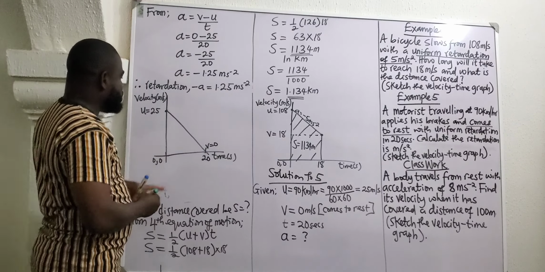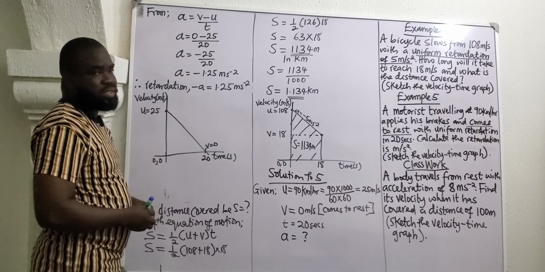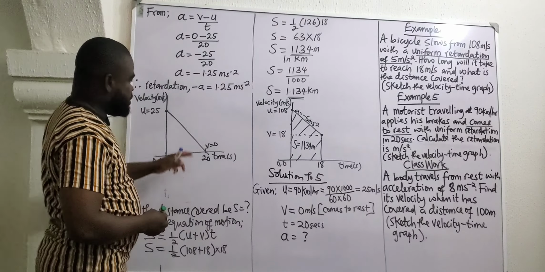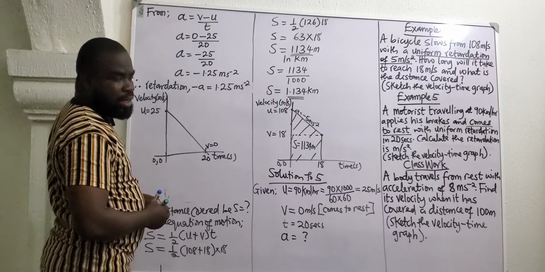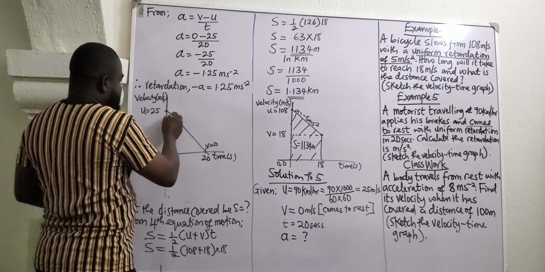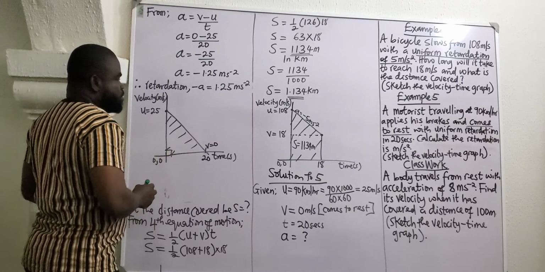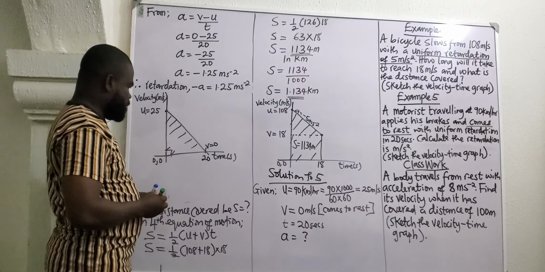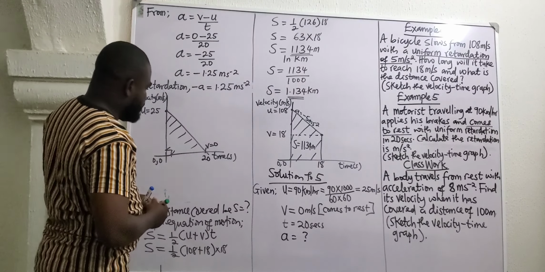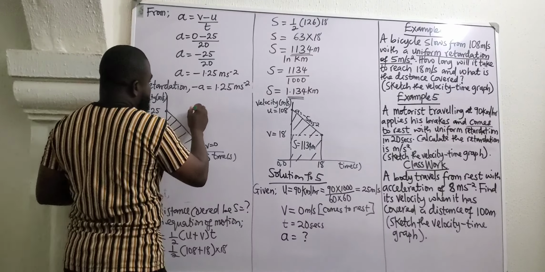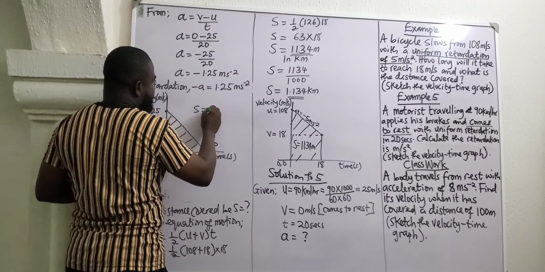So it is obvious we could have been asked to find the total distance of this body. How do we obtain that? That will be the area of this graph, the area of this right angle triangle, or you use any of the equations of motion. Of course, the fourth equation of motion could also have solved it for us.